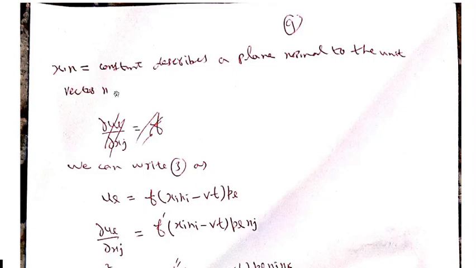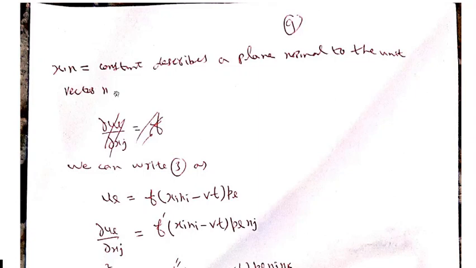Now if you remember, what is the equation of a plane passing through a point x1, x2, x3? It is a into x minus x1 plus b into y minus x2 plus c into z minus x3 equals 0.